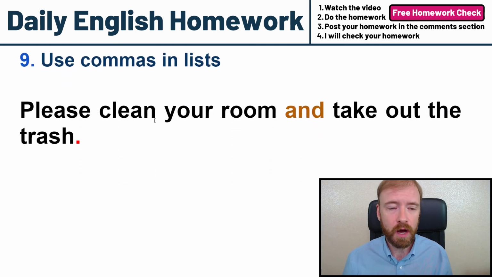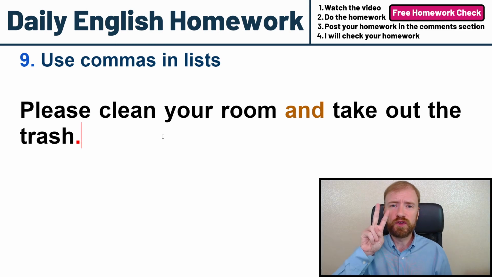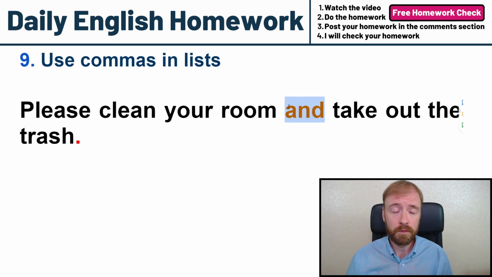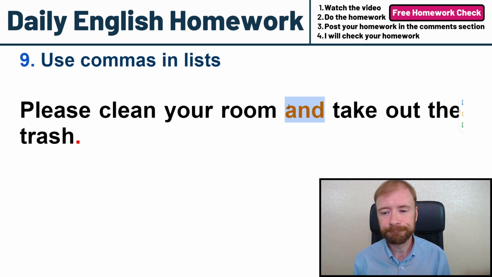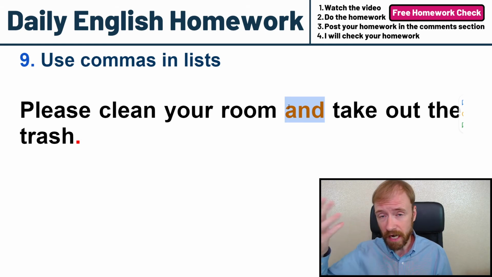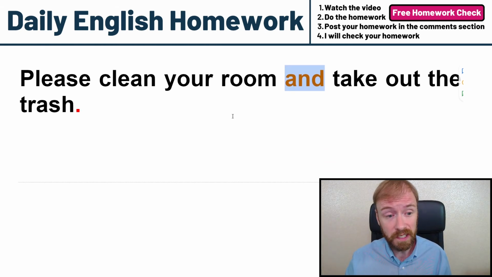And of course, use commas in lists. Very common. So my first sentence, please clean your room and take out the trash. Now, with 2 items in the list, 2 actions in the list, we use and, or, but for this example, and. For 2 items, we don't use a comma. But 3, 4, 5, 6, 7 items or actions, yes, we need a comma.